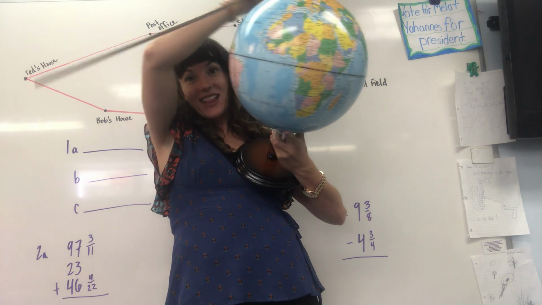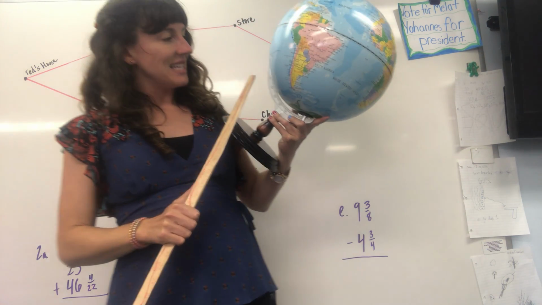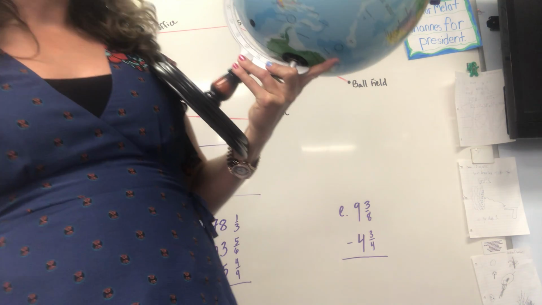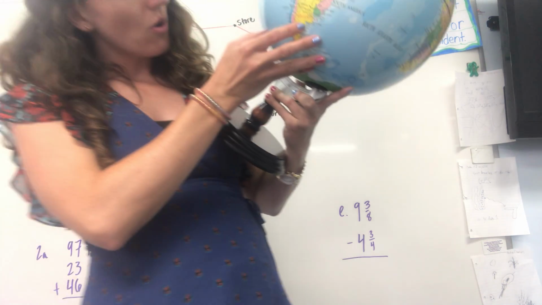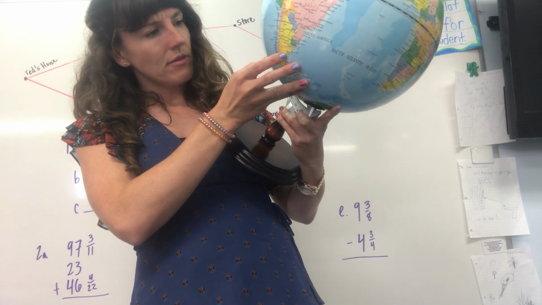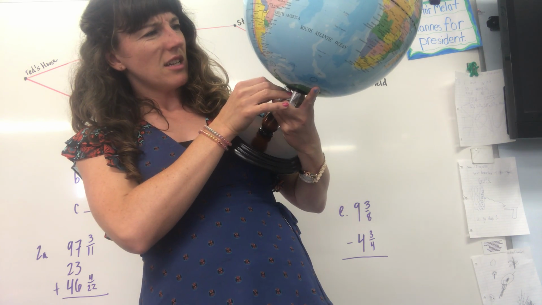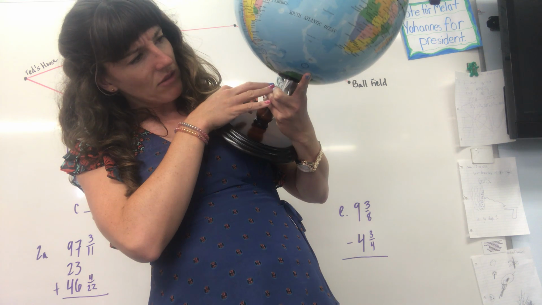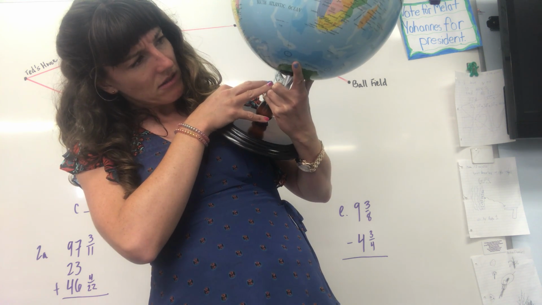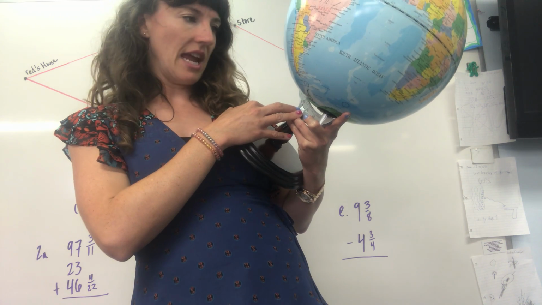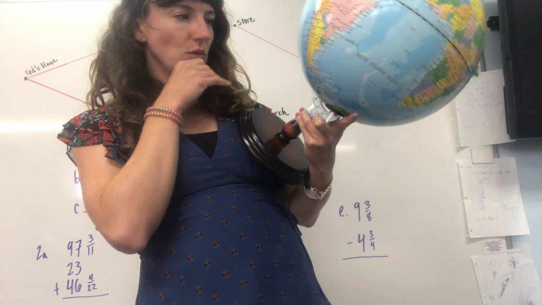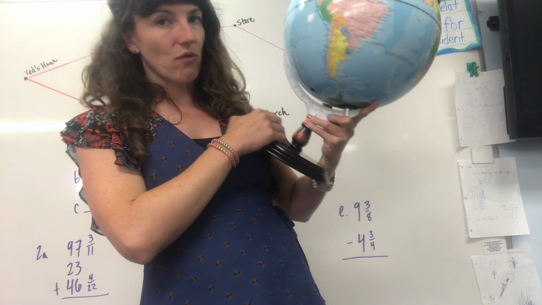Yes, the scale on this globe says the equatorial scale is 1 to 41,849,000.